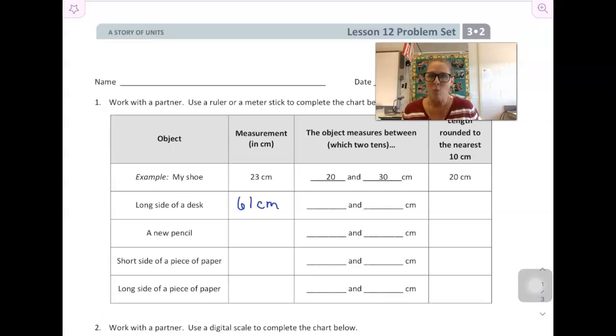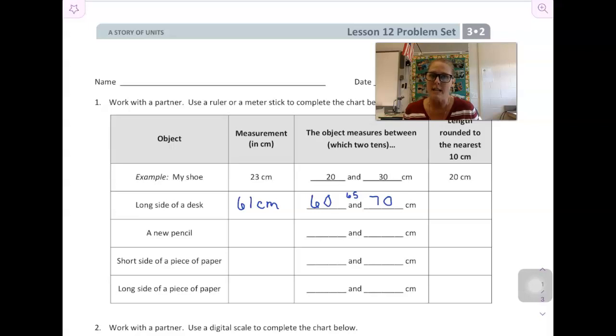So 61 falls between the tens of 60 and 70. And remember, when we round our numbers, we want to think about what that halfway point is. And if the number is halfway or more, then we want to go to the next 10, the next highest number. So halfway between 60 and 70 is 65. And you can write that right there in the middle if you want to as a reminder.